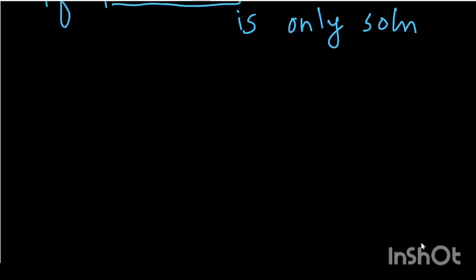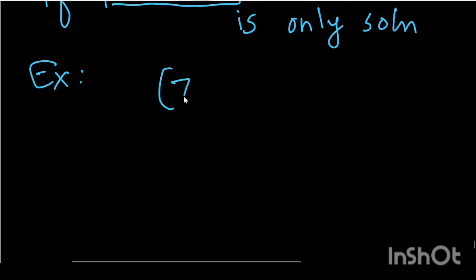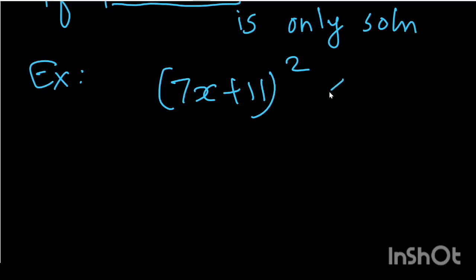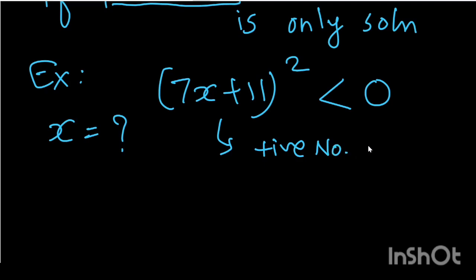So now what if, guys, I ask you 7x plus 11, taking the previous example and continuing with that, I will remove the equality sign. Now it is less than 0. Now if I ask you what is x? So guys, as discussed, this is a positive number. Whatever real value you assign to x, positive is less than 0 is a false statement.